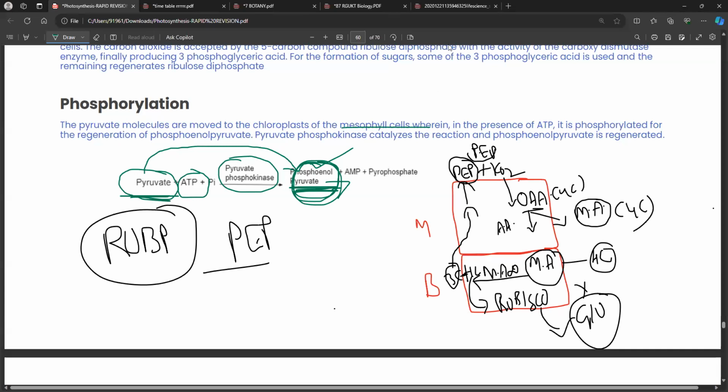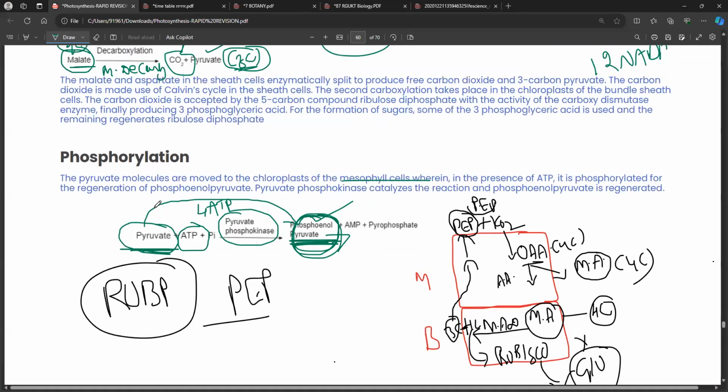Pyruvate phosphate dikinase enzyme. It's a kinase enzyme. You know, friends, in order to convert pyruvate into phosphoenol pyruvate, there is a utilization of 4 ATP. That is for one cycle. But how many times is it recycling? 3 times. So 4 into 3, 12 ATP here.